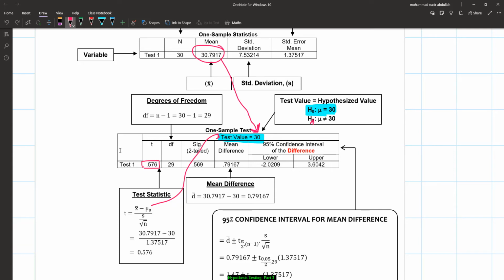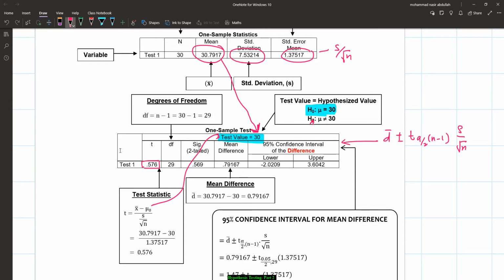So the confidence interval for the difference we learned in the last chapter, right? D plus minus t alpha divided by 2, n minus 1, s divided by square root of n, which is the standard error. So we will get the confidence interval for the mean difference. This is the standard deviation for the sample. This is the standard error for the sample, which is s divided by square root of n.